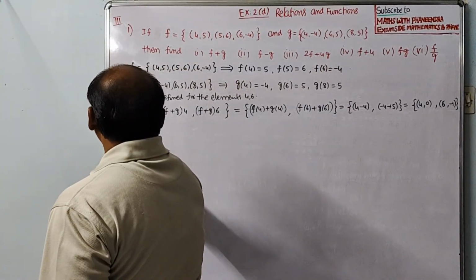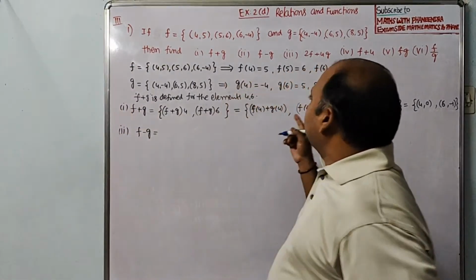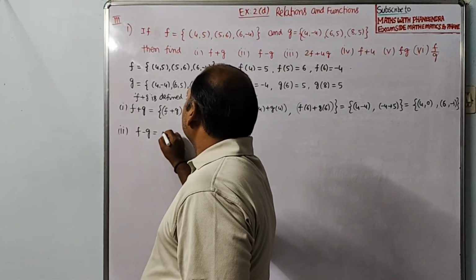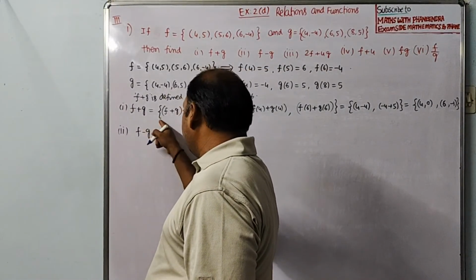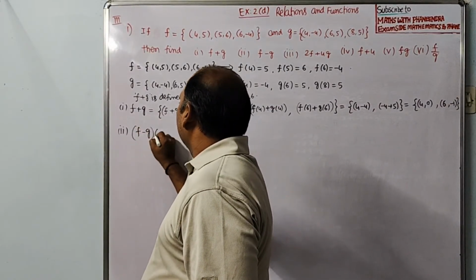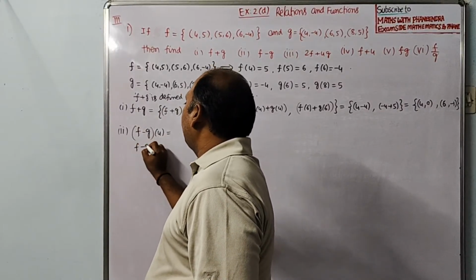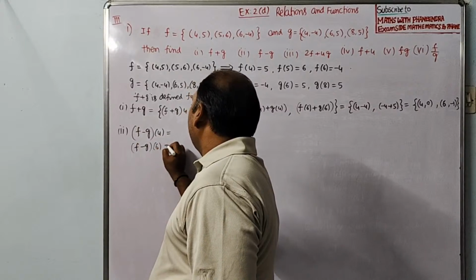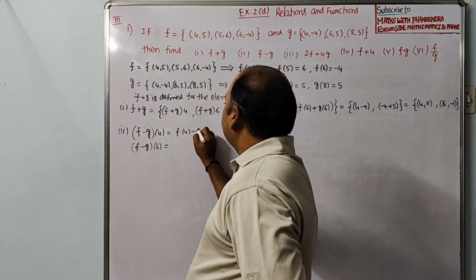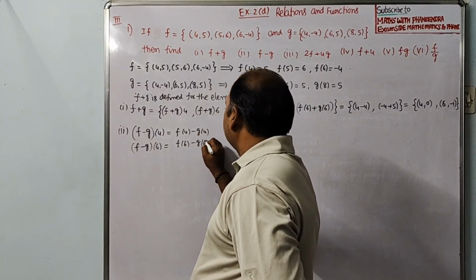Even subtraction is the same, dear students. For f minus g also, the same situation we are going to follow. So what we have to do is f of 4 minus g of 4, f of 6 minus g of 6.